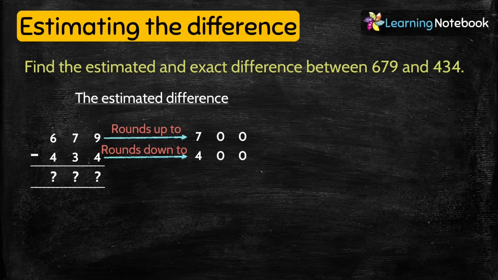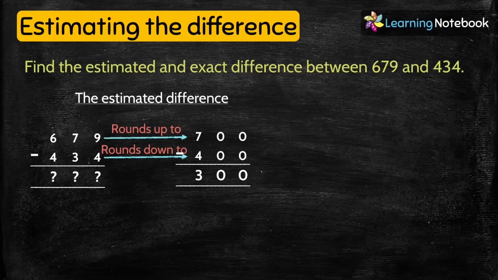Now let's subtract these two numbers. 0 minus 0 equals 0. Again 0 minus 0 equals 0. And 7 minus 4 equals 3. So this is the estimated difference.